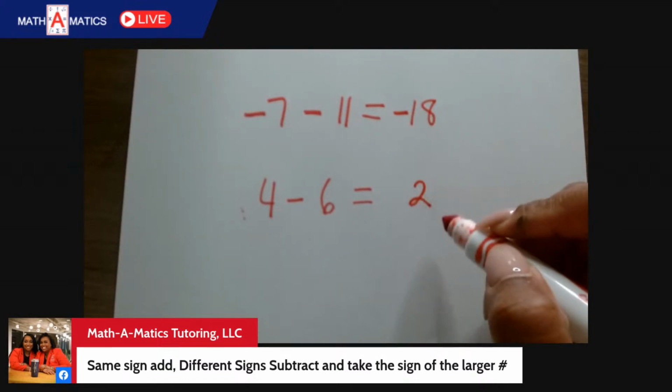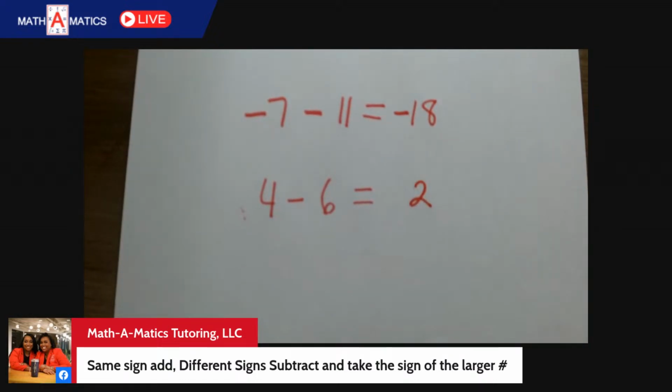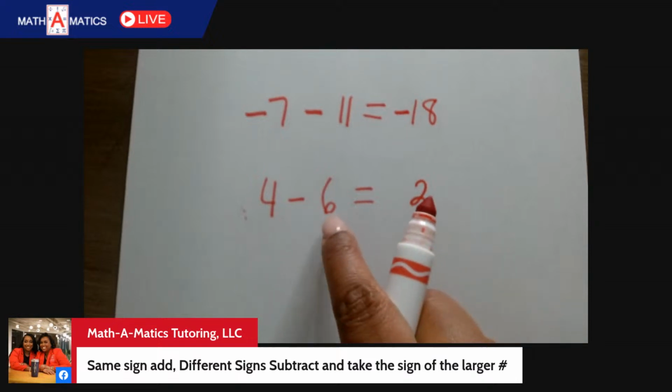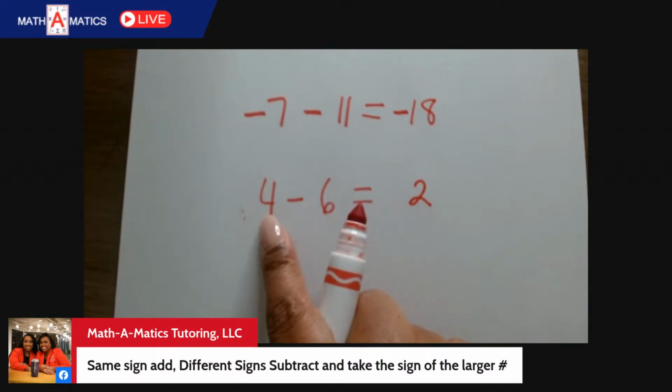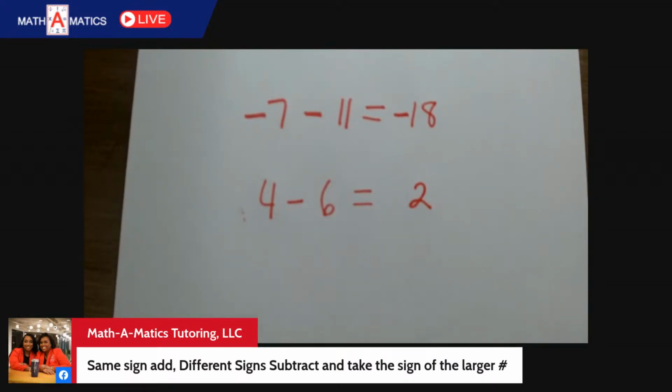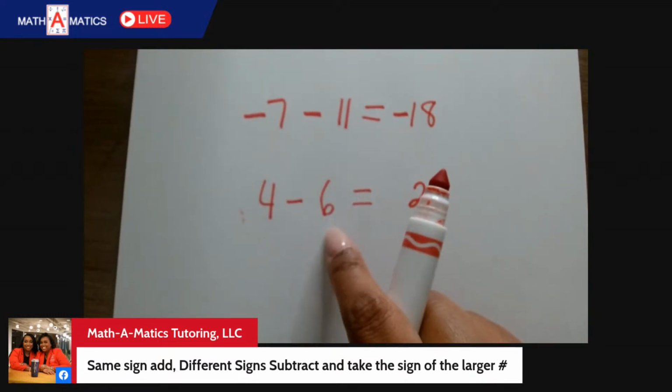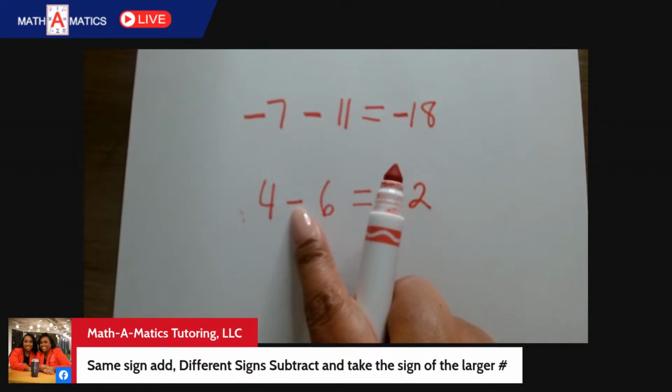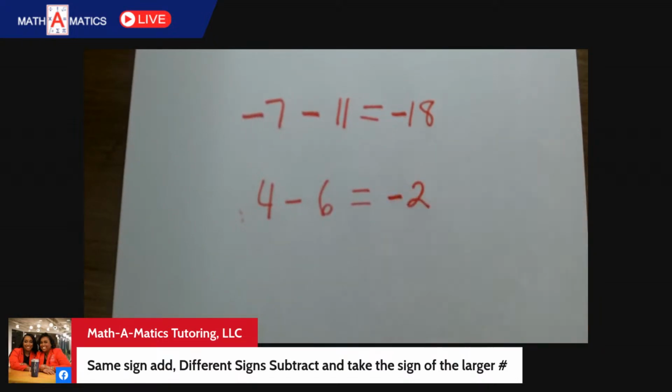So we know that's 2. And then it gets the sign of the larger number. Well, 6 is larger than 4, and it's really the absolute value of the number. So the absolute value of -6 is 6. So 6 is the larger number, and since it has the minus sign attached to it, it becomes a -2.